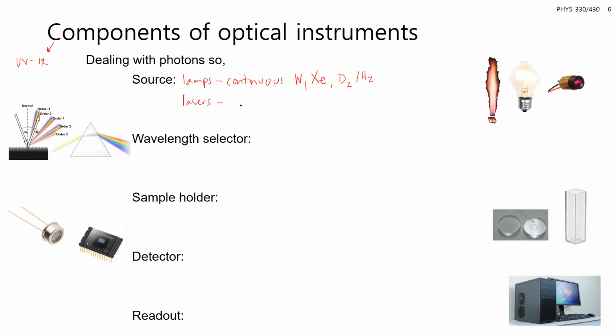which, if you guys didn't know, laser is an abbreviation for light amplification by stimulated emission of radiation. And this is going to be a discrete light source. So that means that it's going to have a very specific single wavelength. It's going to be coherent as well and collimated as it exits.